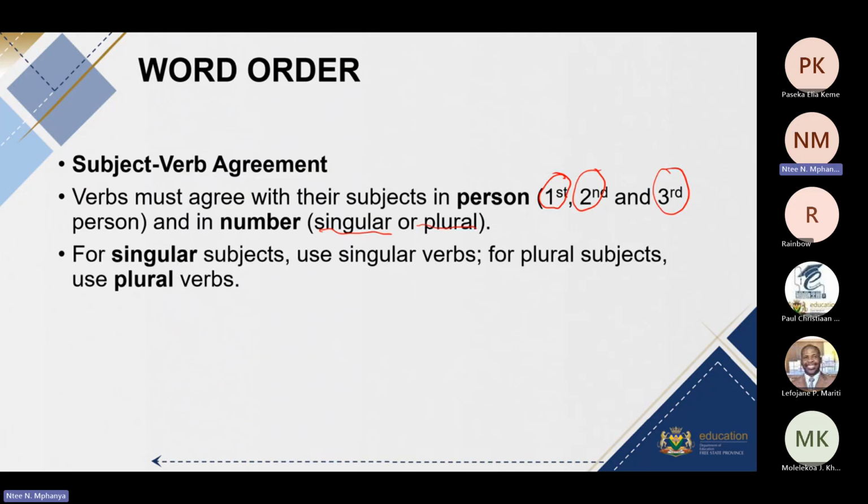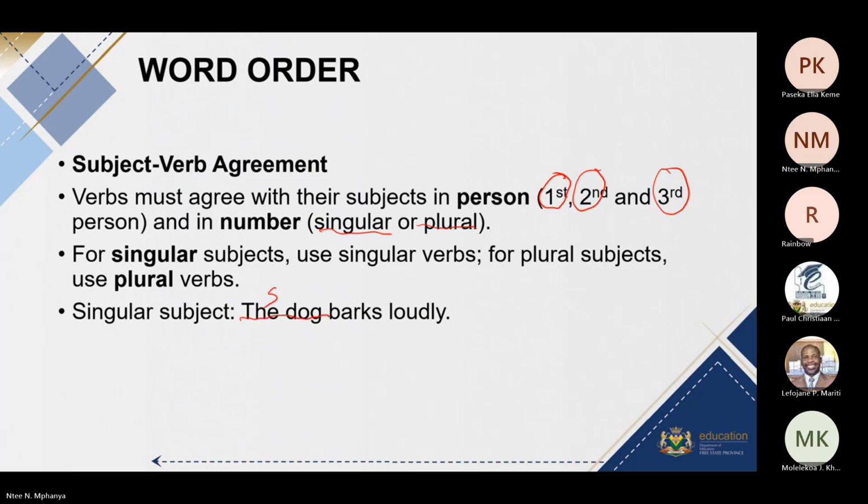For singular subjects, use singular verbs, and for plural subjects, use plural verbs. For a singular subject, our subject here is a what? Is a dog. It's our subject. It is singular. It's only one dog. Therefore, this will be our verb.